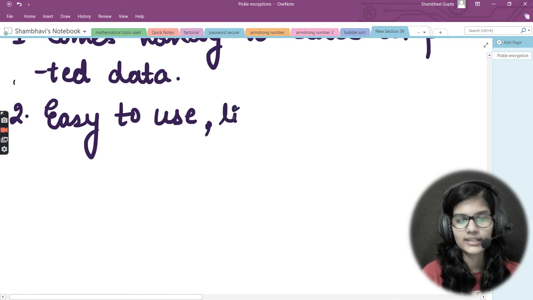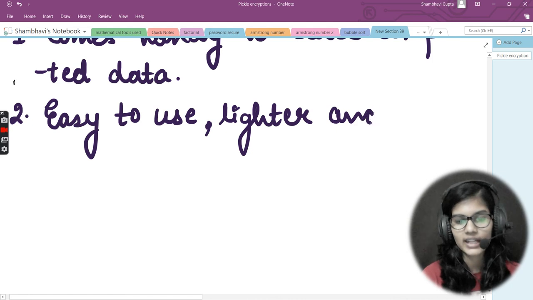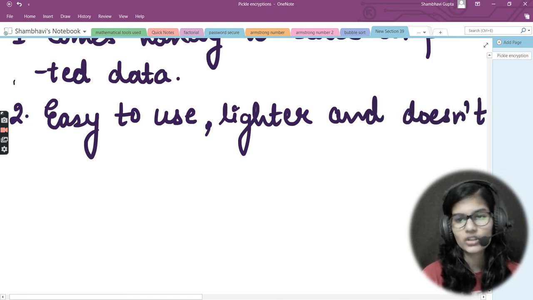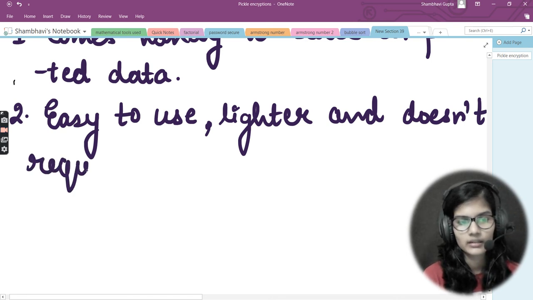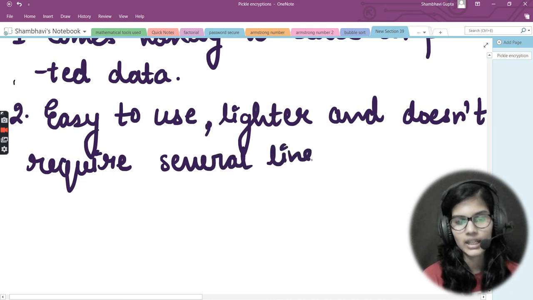It is easy to use, lighter, and does not require several lines of code, right?